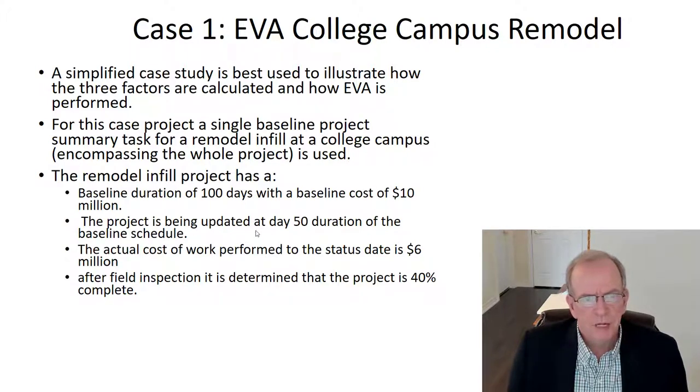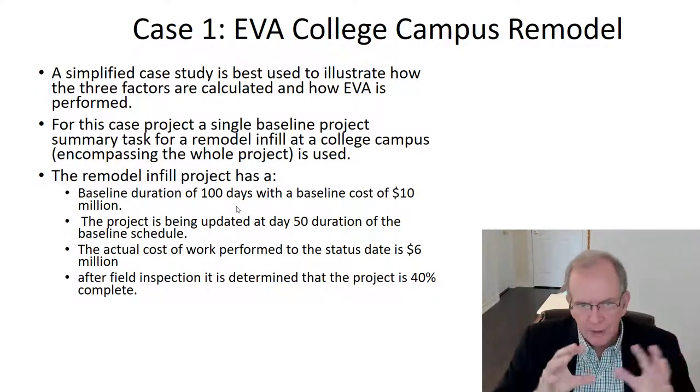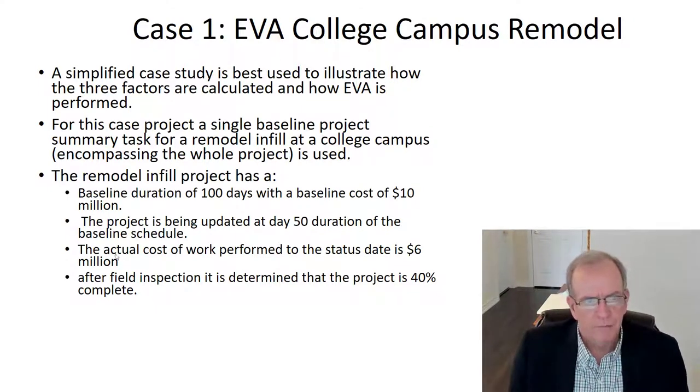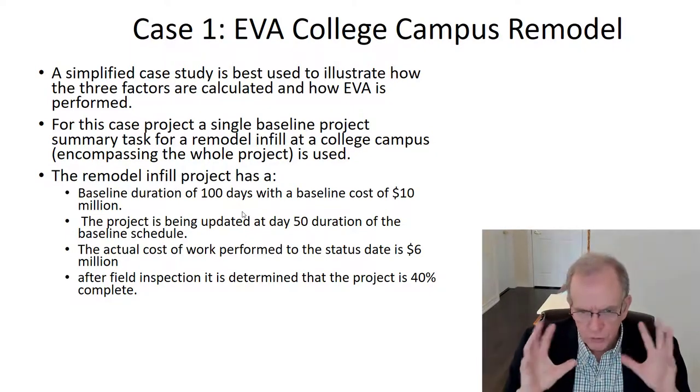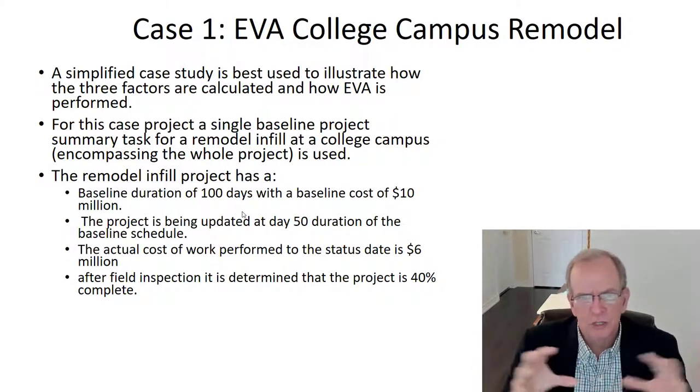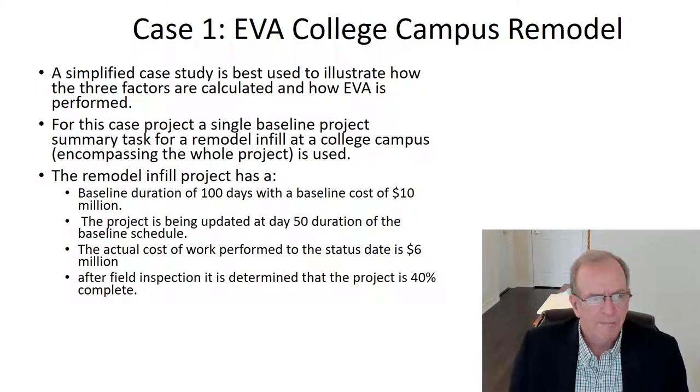The project's being updated at day 50 duration. Everything is done for simplification in this model so that you can extrapolate and run the easy math even in your heads. So that's why I've kept it fairly simple, because you start visualizing the formula, and then whatever the numbers are, they are, and you're just plugging them in reality.